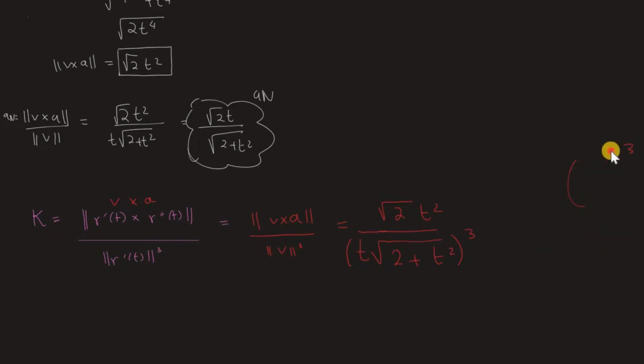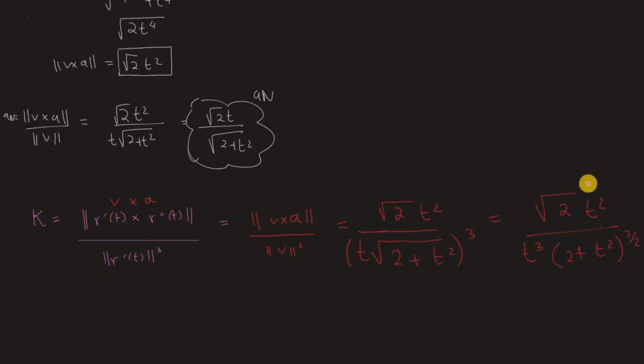So you can actually make this equal to the square root of 2 t squared over (2 plus t squared) to the power of 3 over 2. This is how you're going to write it, and this completes our problem.